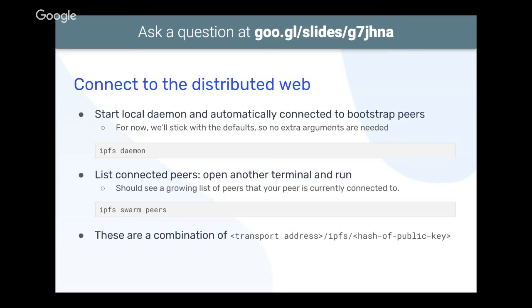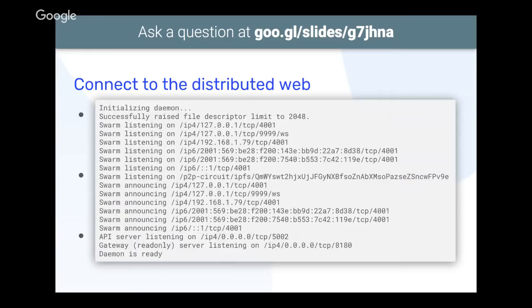So you can run your ipfs daemon. I recommend opening one terminal and running that, and then opening up another one to start interacting with IPFS. You can also run it with a trailing ampersand symbol, and that will give you control back, but it's easier if you just open a terminal, run ipfs daemon, and let it sit and run. You should get some output that looks something like this.